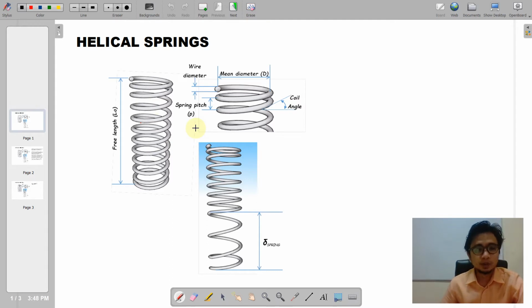Of course, helical springs are being used in mechanical machines wherein they produce push or pull on a certain surface or in between connections. Helical springs, as we all know, are formed by a coiled wire in a cylindrical shape.